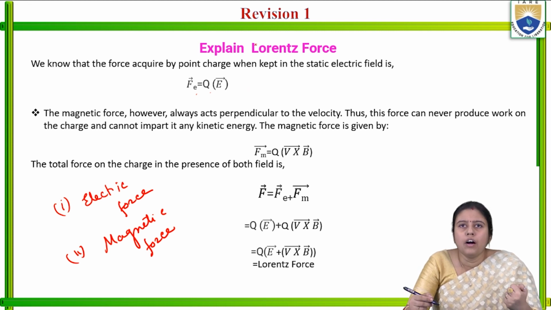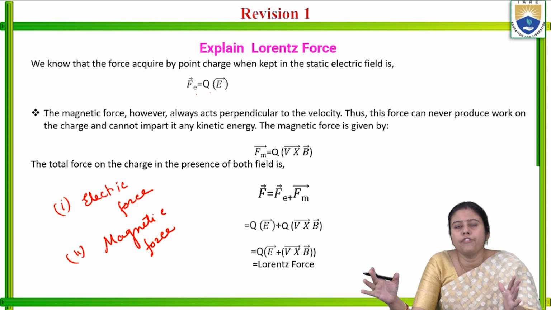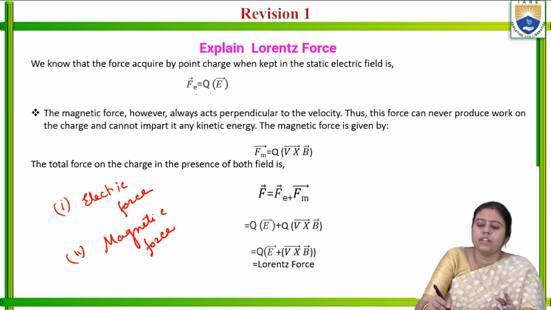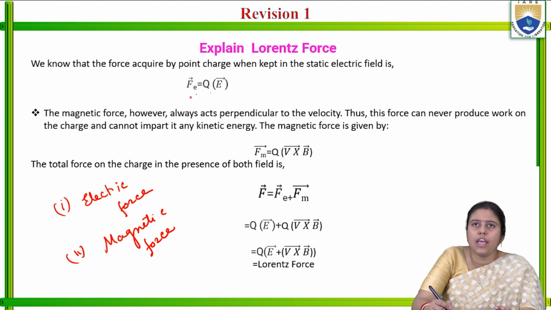When there is a current carrying conductor, there will be an electric field intensity, and if we keep one electron there, it will feel some force, and the force Fe is equal to Q into E. What is Q?